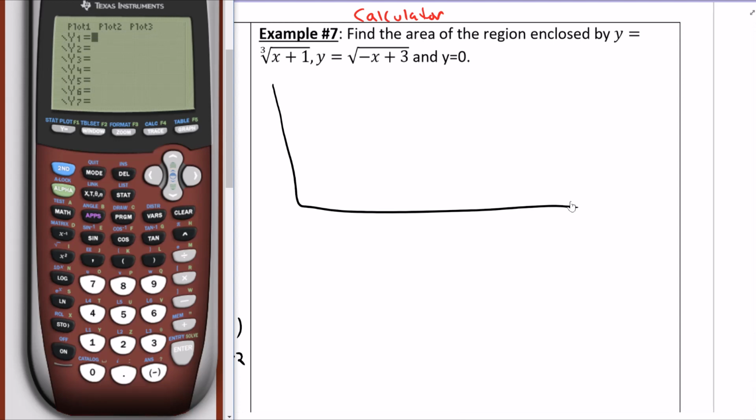If you don't know how to put in a cube root, you have to go to math and then down to number 4. So cube root of x plus 1, and the other one is the square root, which is second that, -x plus 3. We're going to graph these, and we're probably going to have to change our window here.